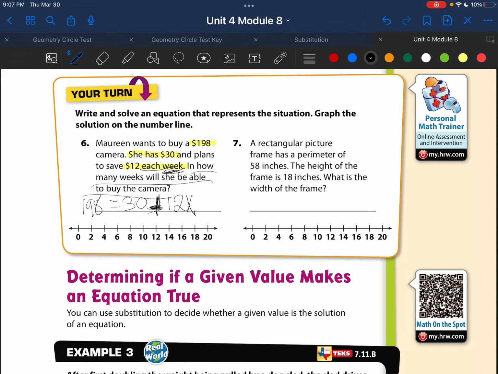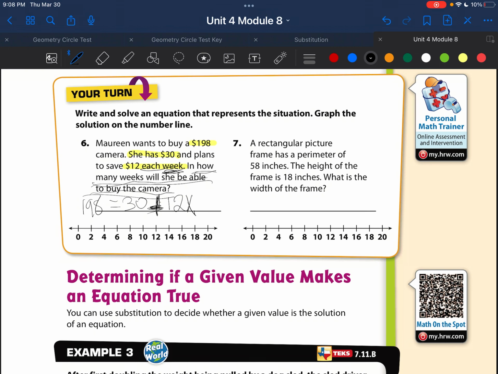That's where I'm getting my each week from, and that's where I put my X. You could put an X, you can put a W, you can put a Q. It doesn't matter. All that matters is you put a variable there so you know what you need to figure out. Now that we have our equation, all it's asking us to do is solve it.